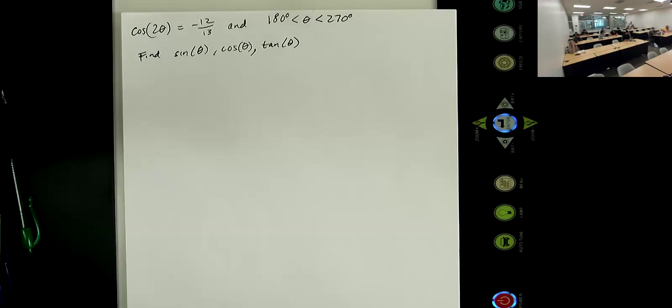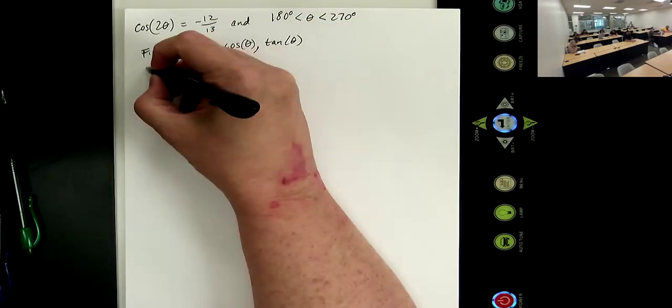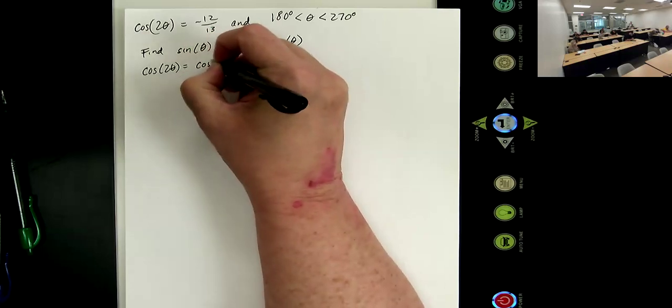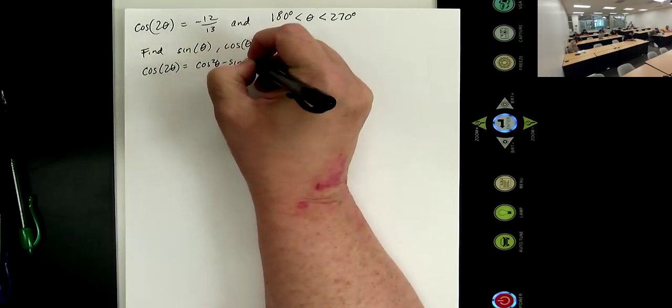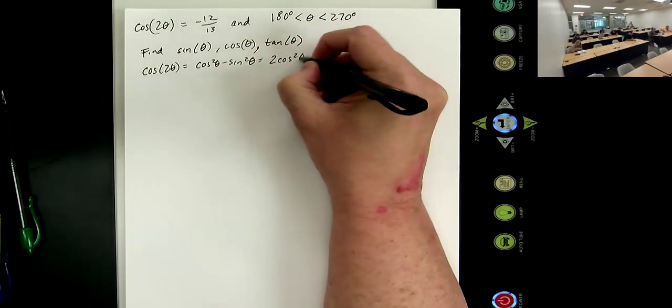Alright, well, we've got to get two theta down to theta, right? So we've got some formulas for cosine two theta that we can use. We've got cosine squared theta minus sine squared theta. We've got two cosine squared theta minus one.